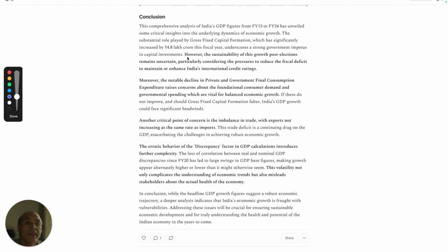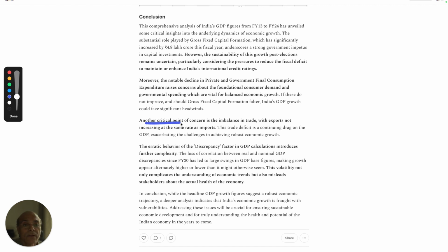However, the sustainability of this growth post-election remains uncertain, particularly considering the pressure to reduce fiscal deficit and to enhance India's international credit rating. Moreover, you need to notice that the private and the government final consumption expenditure raises concern about the foundational consumer demand and government spending, which are vital for balancing economic growth.